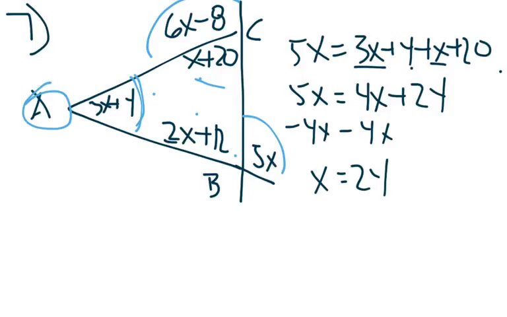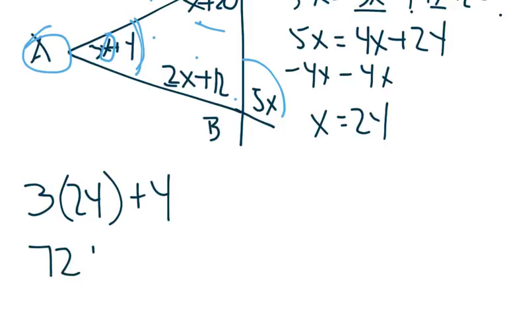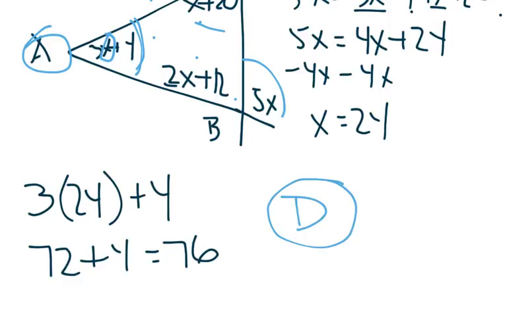So now that we know what x is, we want to plug it into this equation to get the measure of angle A. So let's say 3 times 24 plus 4. 3 times 24 is 72, plus 4 is 76. So angle A is 76 degrees, and that is D. And that's it for Chapter 11 test.